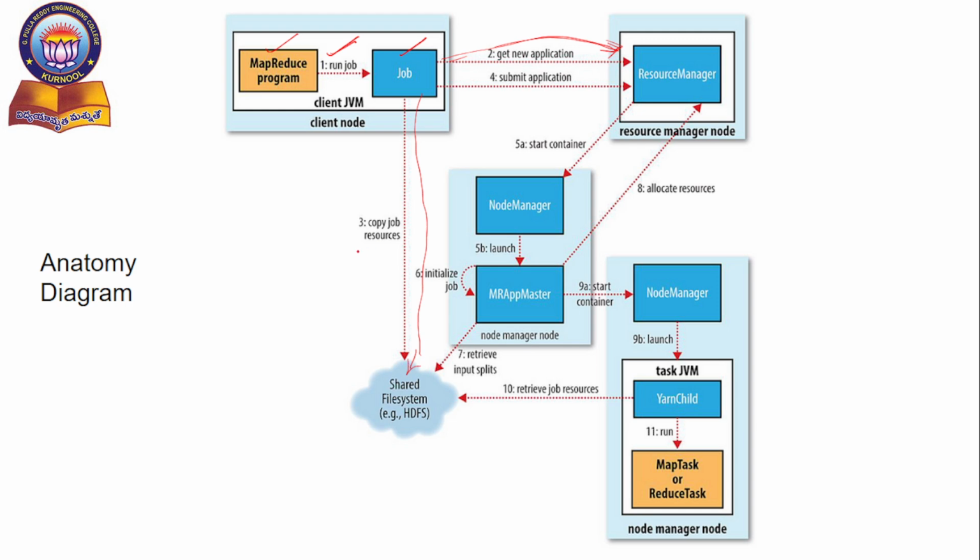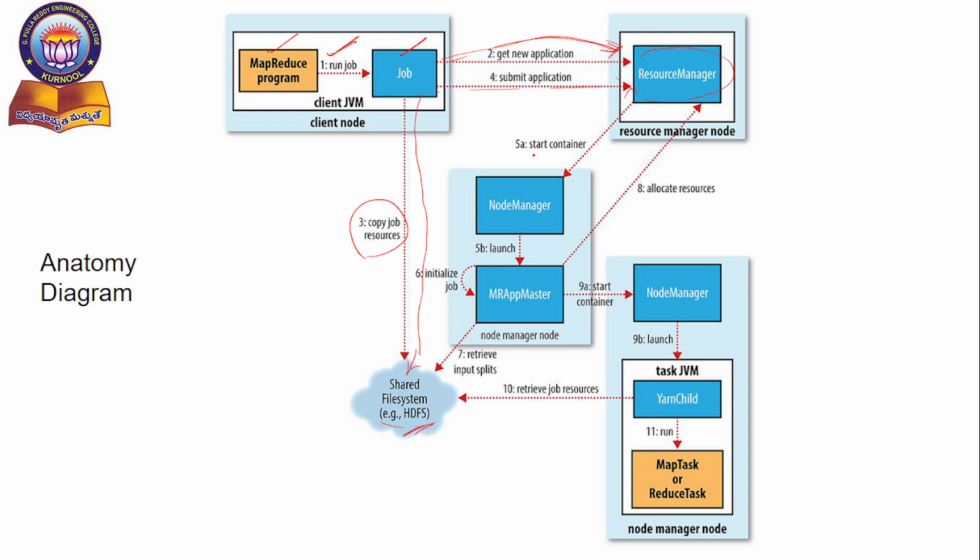Now in the third step, it copies the job resources from the HDFS. Once it has been copied, it submits the application to the resource manager for further processing. That is, it will now allocate resources to the job.